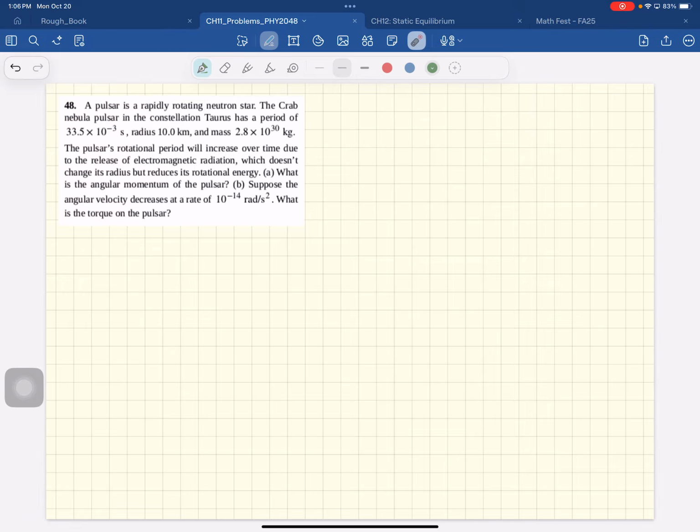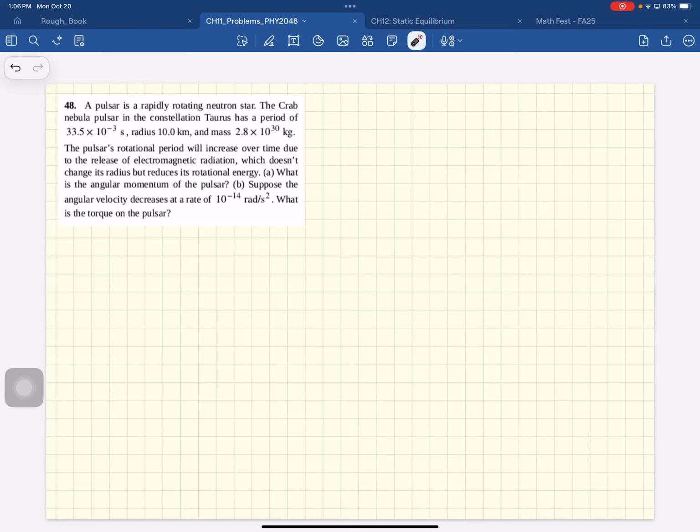All right, so a pulsar is a rapidly rotating neutron star. What is the mass of this neutron star? Between 1.4 and 3 solar masses. It has a period of 33 milliseconds and a radius of 10 kilometers. 10 kilometers is from here to Granada Avenue. So a sphere that big, and it's exactly 1.4 solar masses.